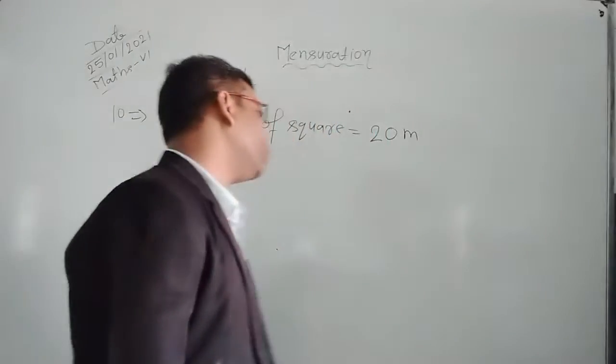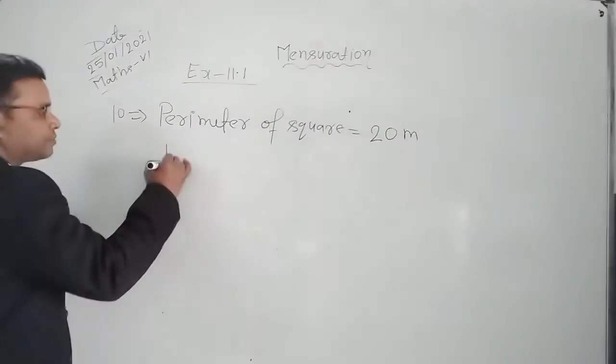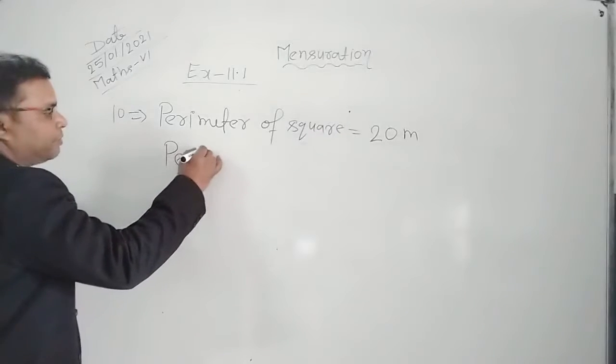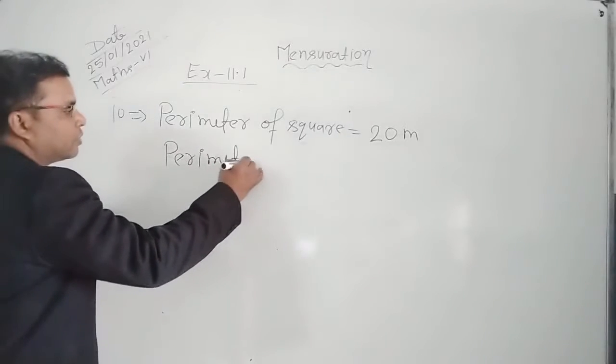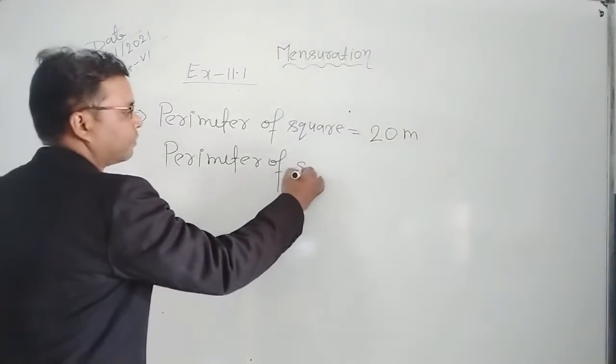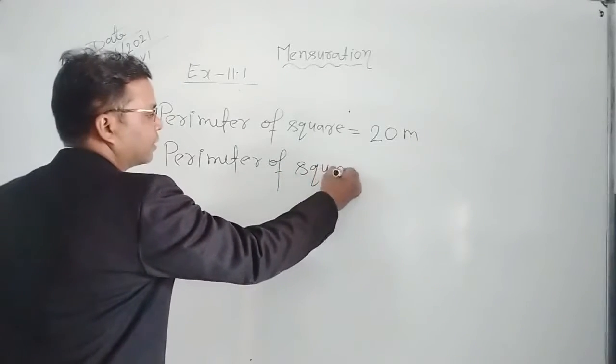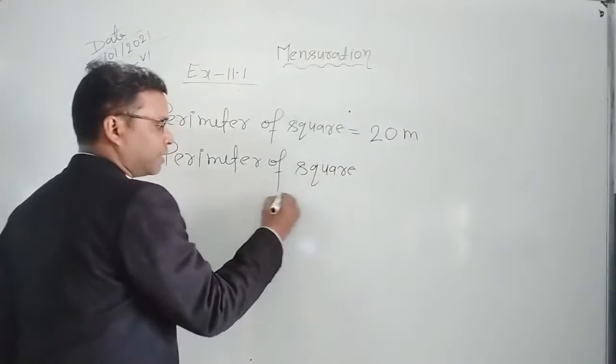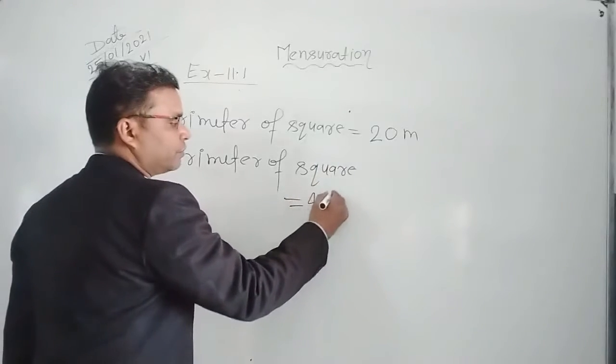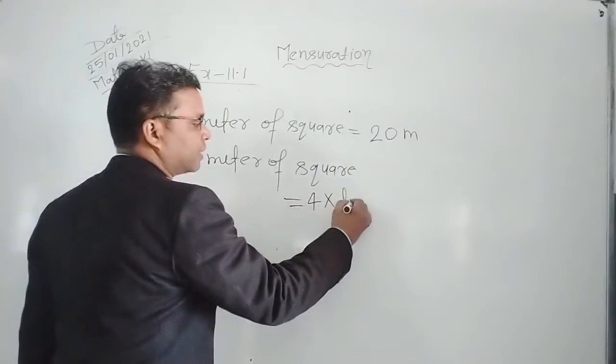Okay, so let's see how to find. You know very well perimeter of square is equal to 4 into length of side.